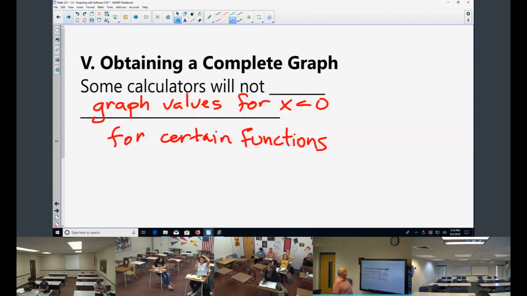All right, obtaining a complete graph. Some calculators will not graph values for x less than 0 for certain functions.